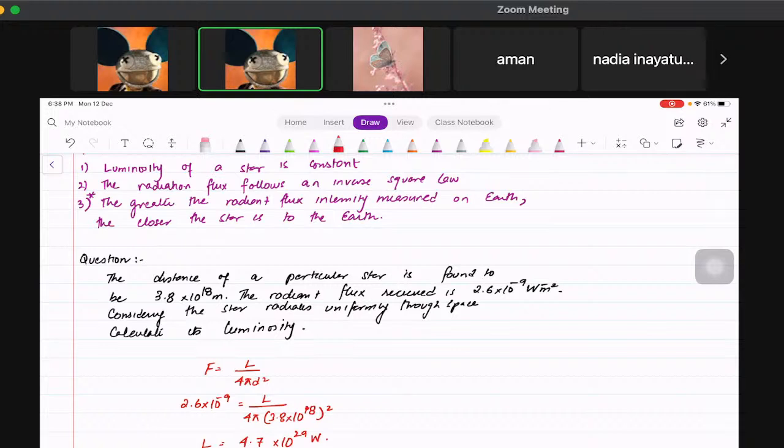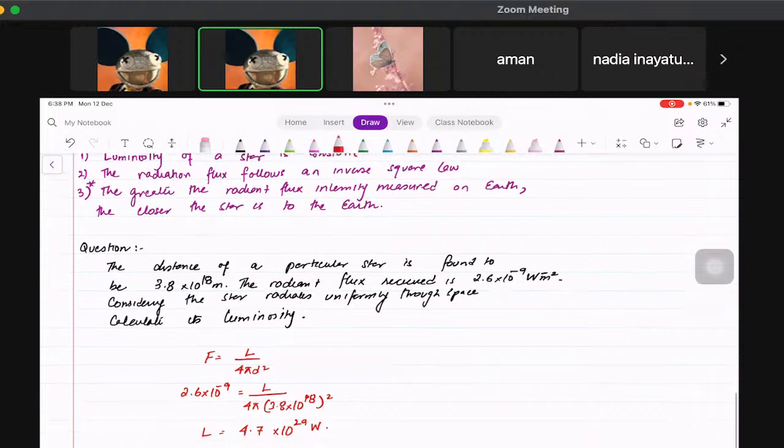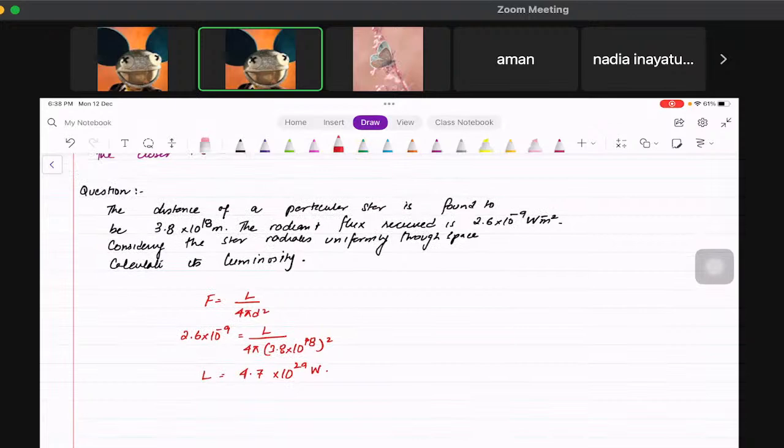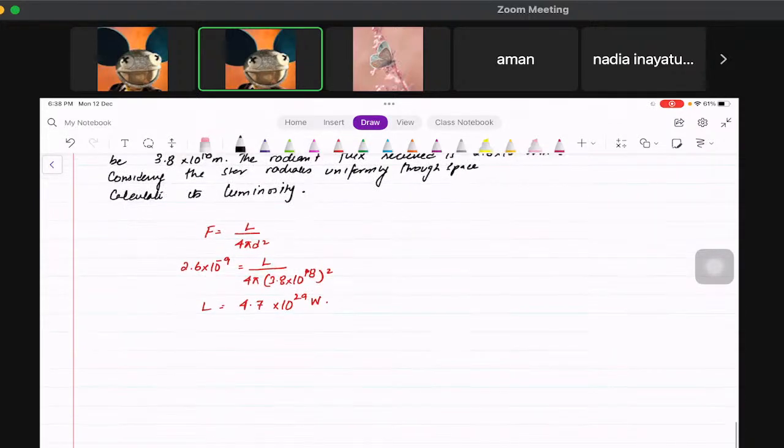One of the ways of how we find stellar distances is through a method called standard candles. And we're going to see what it means.